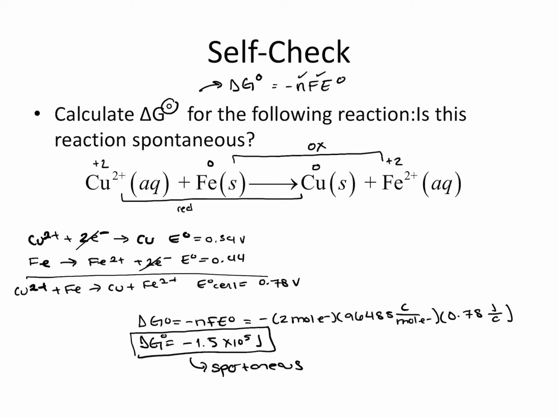Now, one more thing I wanted to talk about before we move on is how it's related to equilibrium. Well, the equilibrium reaction of Gibbs free energy related to K constant is delta G is equal to negative RT ln K. How can we relate this to cell potential? Well, we can derive the relationship between standard cell potential and the equilibrium constant for the redox reaction occurring in the cell by returning to the relationship from Gibbs free energy and equilibrium constant.